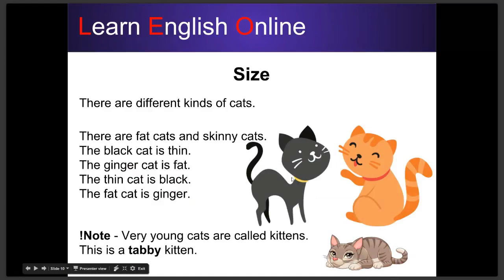Cats, well, these two cats are the same size, but one's skinny and one's fat. One's thin and one's fat. There are fat cats and skinny cats. And I would say the black cat is thin and the ginger cat is fat. The thin cat is black, the fat cat is ginger.